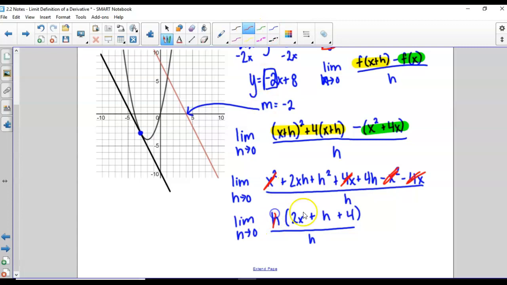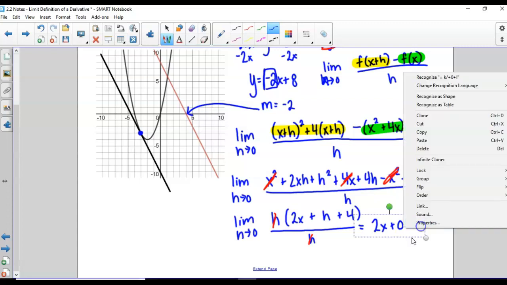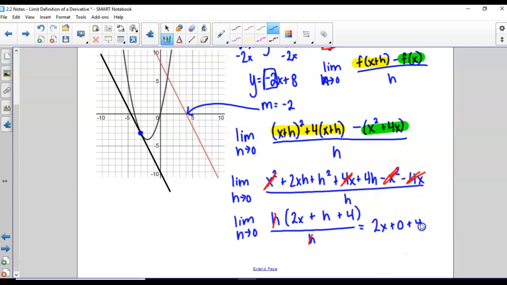And those h's will cancel. And then I just plug in 0 for my h, so I get 2x plus 0 plus 4, or just 2x plus 4. I'm going to use this notation right here for that. That's the derivative of x, or that f prime of x.